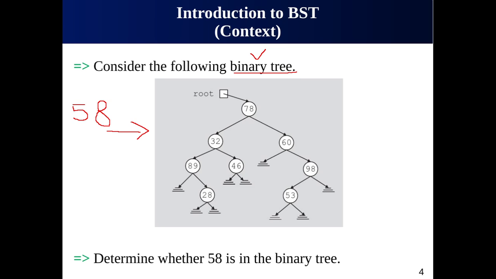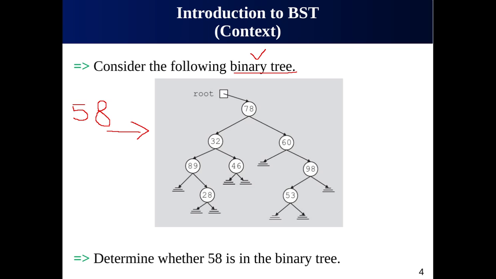If you revise the concept of data structures, you have different methods to traverse a tree. Traversing is an operation which means visiting each and every node of the tree. And there are different ways to traverse a tree, for example, pre-order traversal, in-order traversal, and post-order traversal.